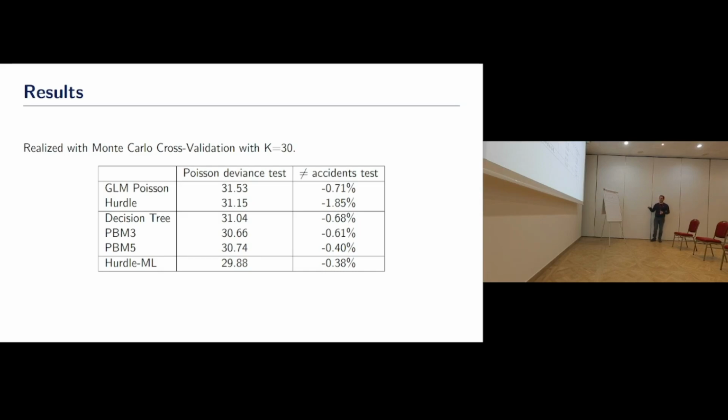And we can see that the hurdle model built with machine learning is better than the other models, and especially than the classic hurdle model. And we can see that we are very, very close to the real number in the database. So it's a very, very good point.